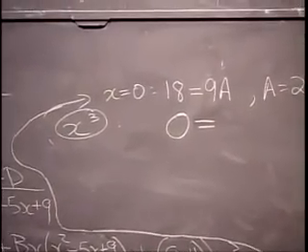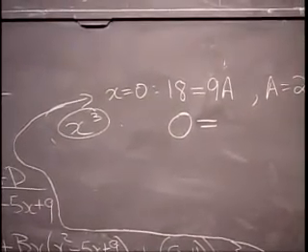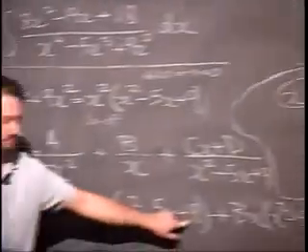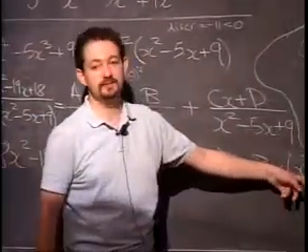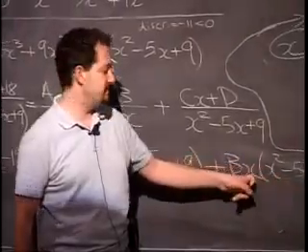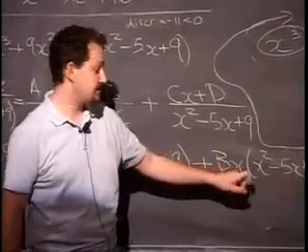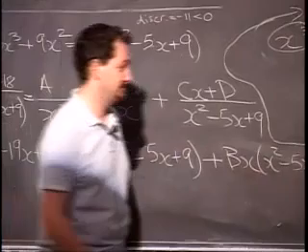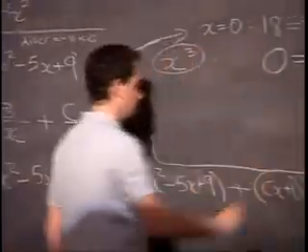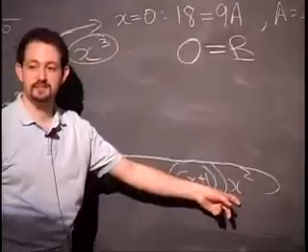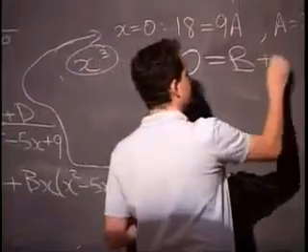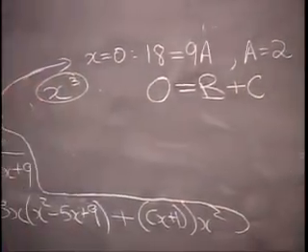Do you get a coefficient out of a x squared 5x 9? No, no x cubes there. What about bx times x squared? That will give you bx cubed. So this will contribute a b. How about this? Cx times x squared. It will contribute a c. So that is an equation.